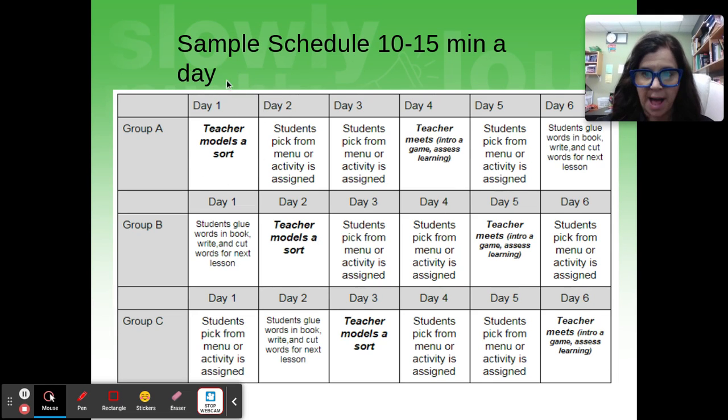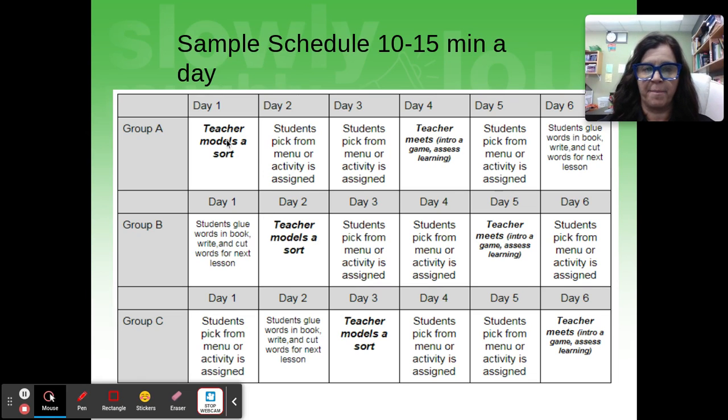While you are modeling a new sort, Group B and Group C would be doing some practice sorting from their last week's sort. So let's just say that you start this next week. You would meet with Group A and you would model a sort. The rest of the kids would be doing something else because you haven't done it yet.